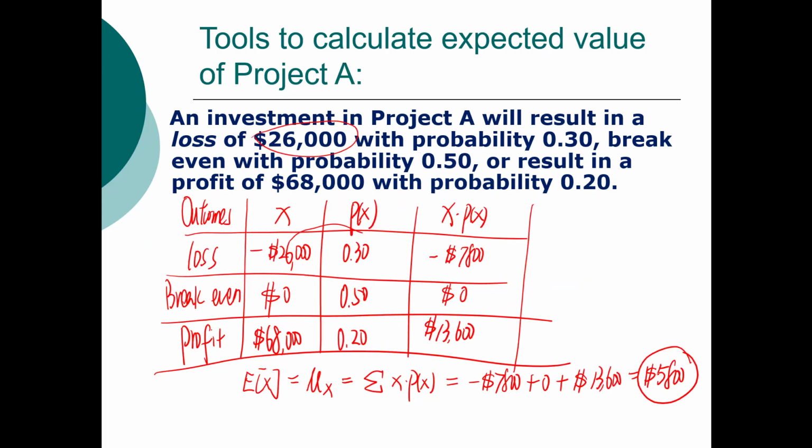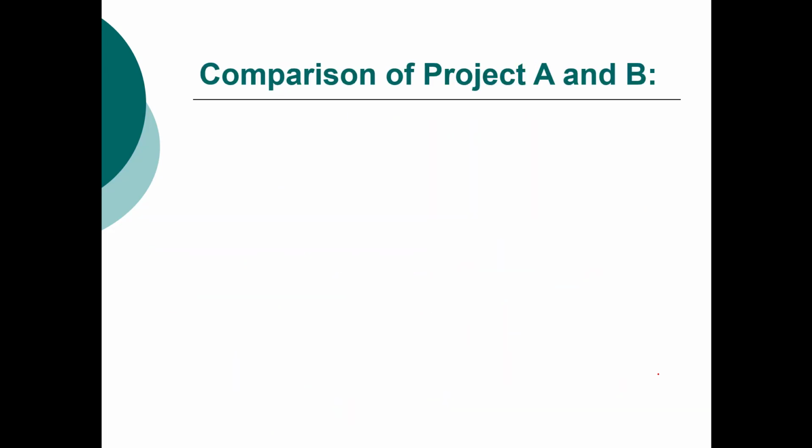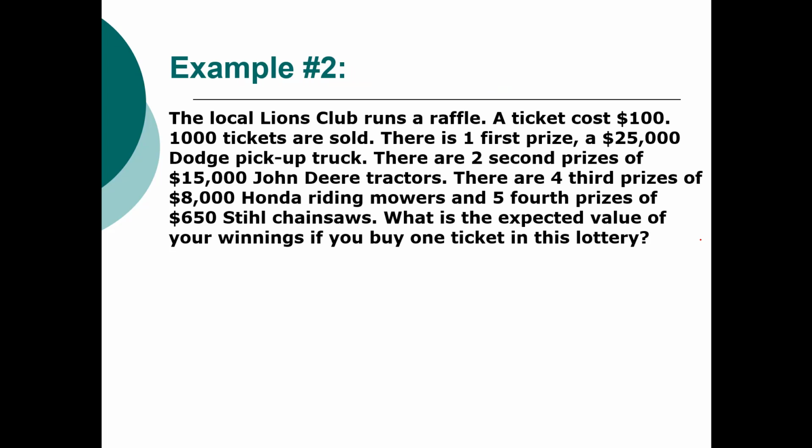If you look at the previous project A, $5,800 return. Project B, $7,250 return. So the comparison is pick project B, because project B provides better expected value or average return.